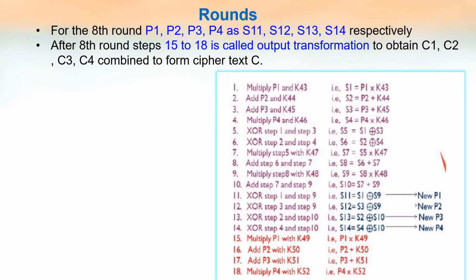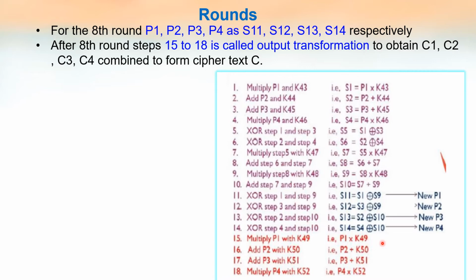But in the 8th round, the same order is taken as the output. After the 8th round, we find an output transformation round. These 14 steps correspond to the 8th round, and its output is given to the output transformation round.